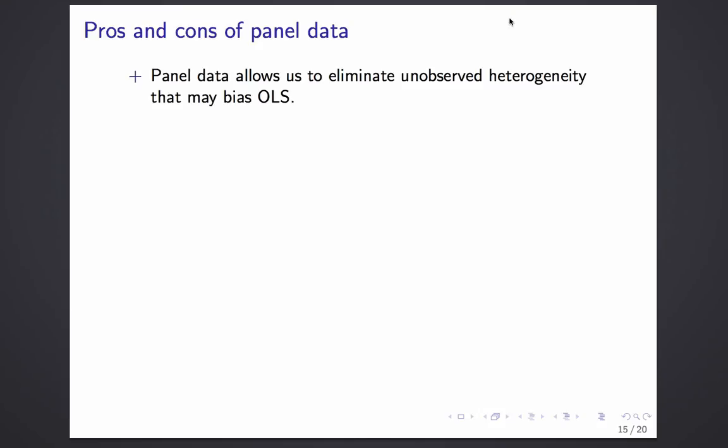And the fact that we have panel data, meaning we observe the same units over time, allows us to circumvent this issue that unobserved time-invariant individual effects may bias our OLS estimates. So the first difference estimator is just one way to get around this problem.